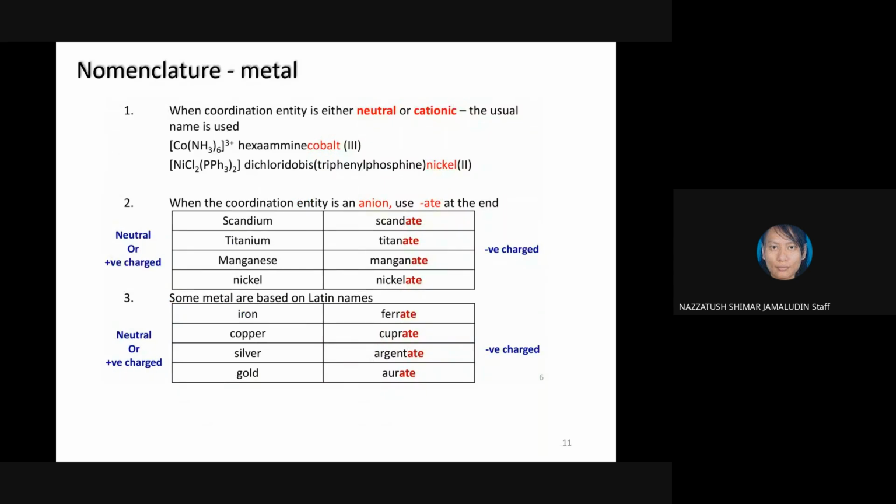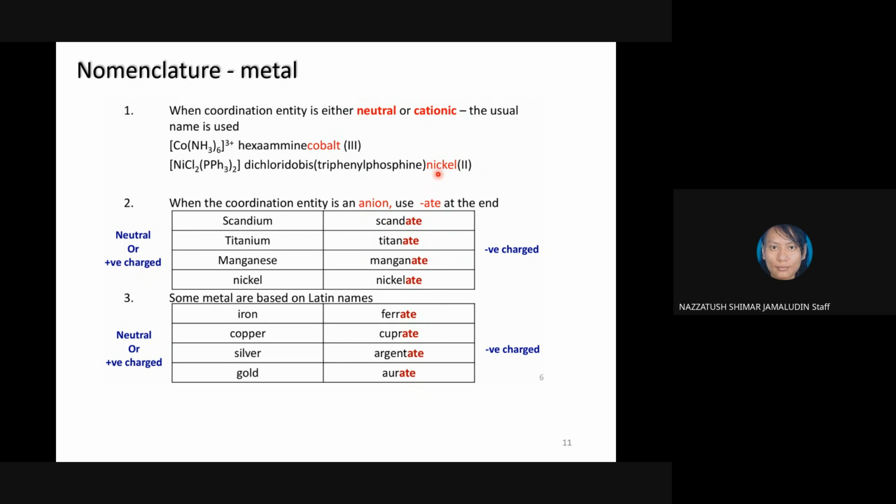Okay, metals. If the metal belongs to the cation, within the cationic sphere, the metal remains its name. If the metal belongs to the neutral coordination sphere, it also remains its name. The spelling remains the same.